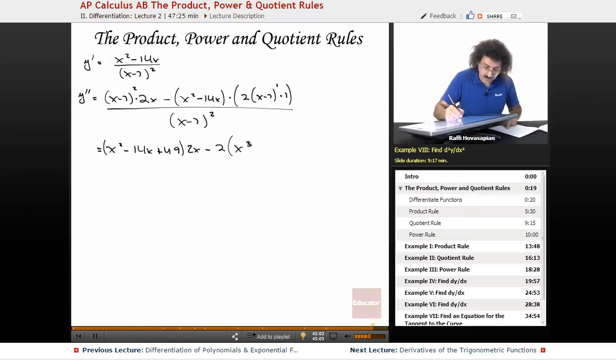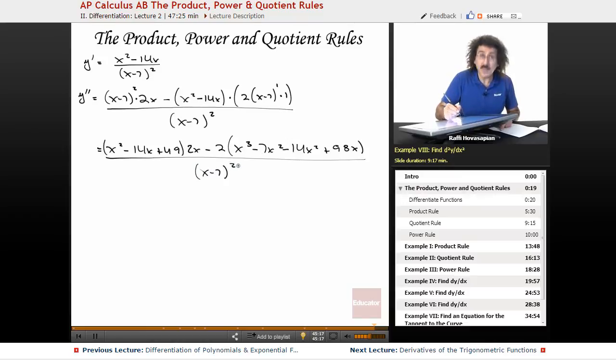This is going to be x cubed minus 7x squared minus 14x squared plus 98x all over x minus 7 squared. Oh, I'm sorry, x minus 7 squared squared. So this is going to be to the 4th power. My apologies. There you go. I'm telling you, vigilance is the most important thing in calculus.